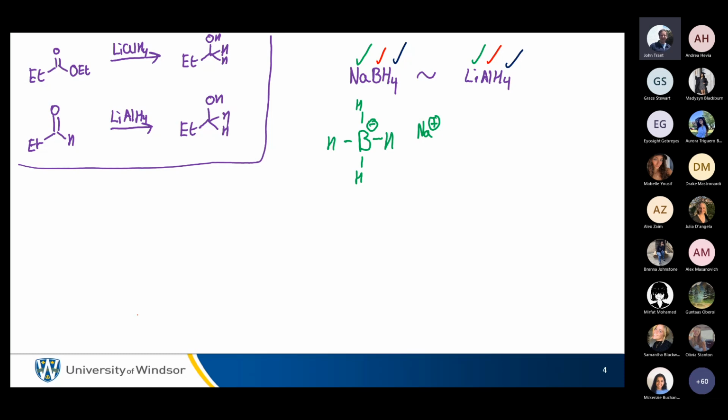It's exactly the same thing: we've swapped the aluminum for the boron, and the sodium is now floating nearby instead of lithium. Why isn't it potassium borohydride? I don't know. I think potassium borohydride is more flammable, and it's nice when your stuff doesn't catch on fire.